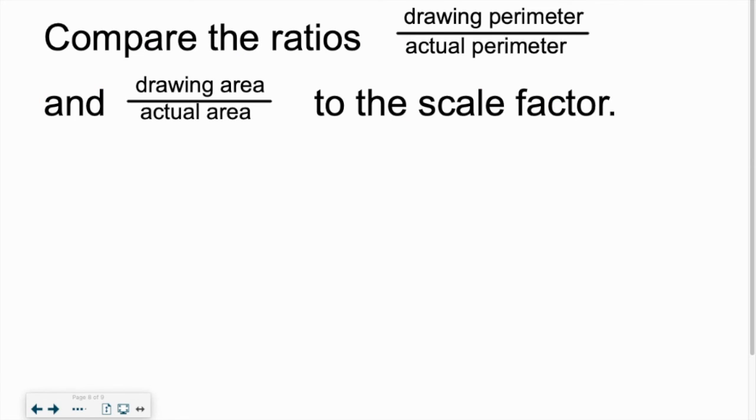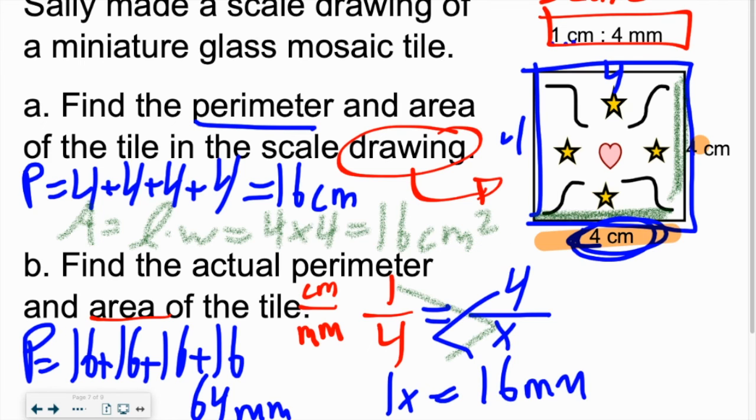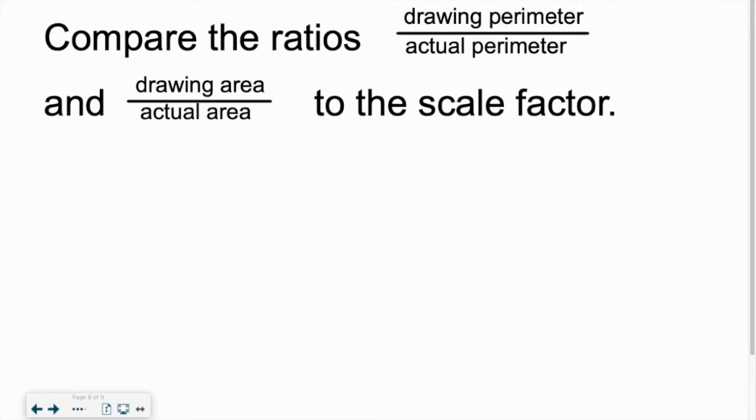One last time, it says compare the ratios. Compare the ratio of the drawing perimeter to the actual perimeter. So up here, we saw that the drawing perimeter was 16, and the perimeter of the real thing was 64. So when we go back over here, we're going to compare those. 16 over 64, fast. Those are both even, so you could divide them by 2. Always simplify fractions if they're even.